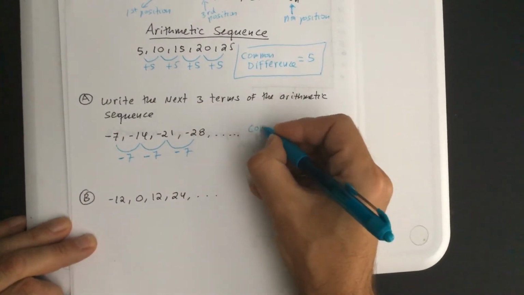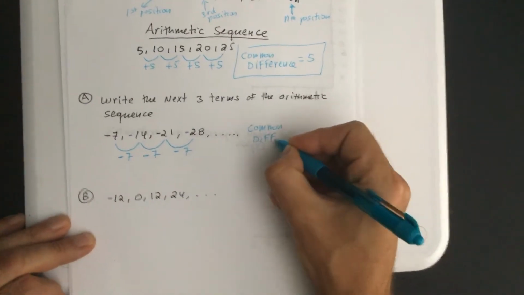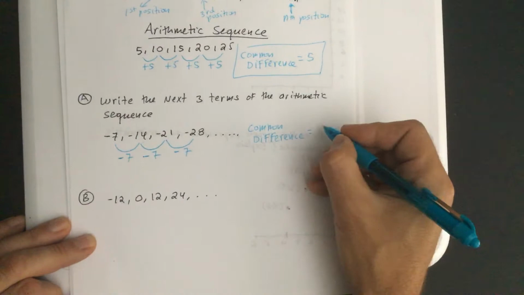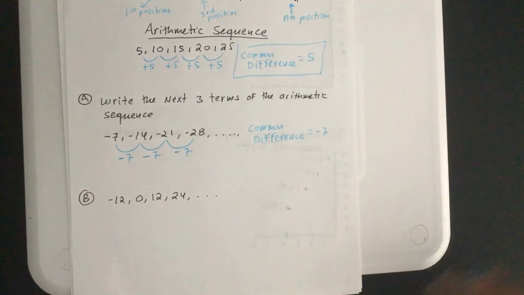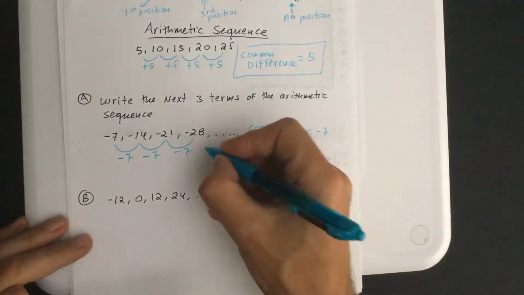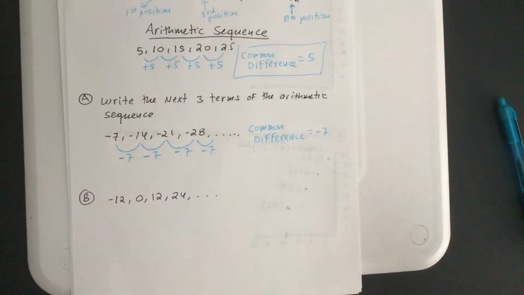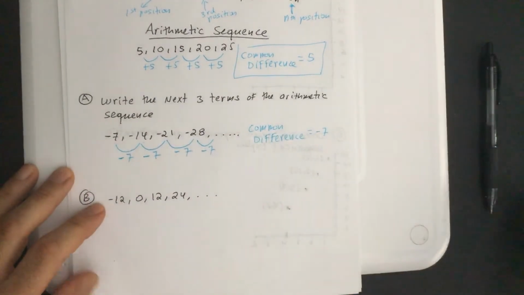So my common difference is basically -7. So I need to be adding -7. From here to here, -7. So -28 plus -7 will be -35.